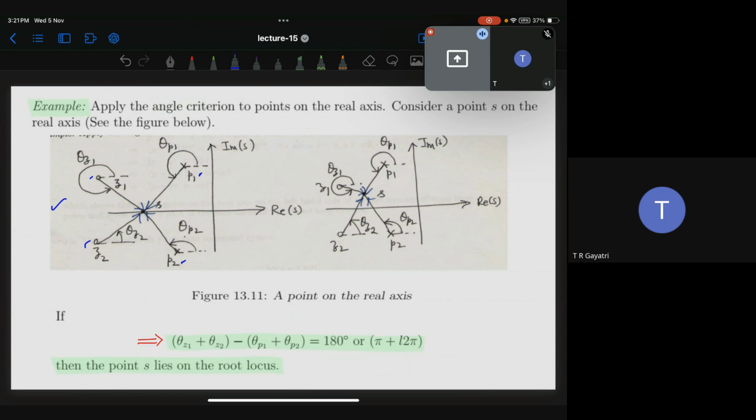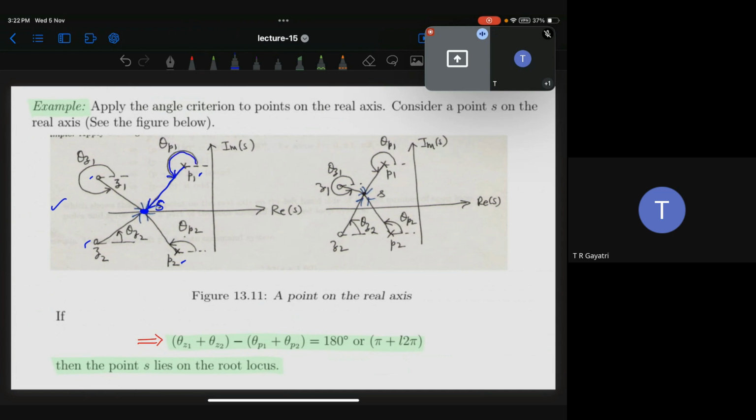Now your doubt is whether this point S is on the root locus. As I said, what is the root locus? Those poles' variation curves, correct? To check whether this S is on the root locus or not, from this pole you draw a line and find this angle.